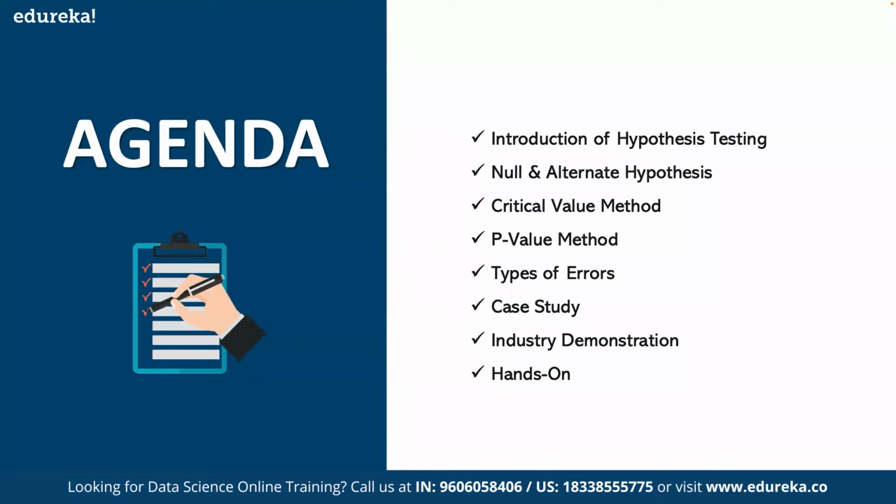Now, before we get started, how many of you are aware of data science and what exactly it is going to do? When we say data science, it is all about finding patterns in the data by analyzing the data set in an efficient manner.